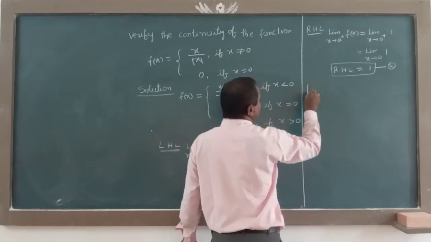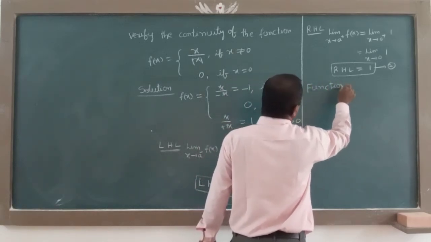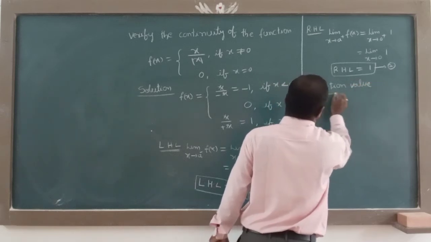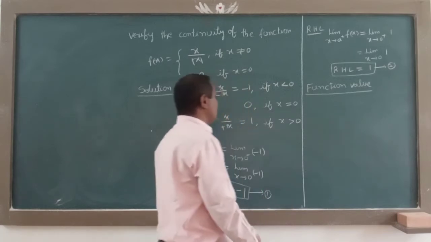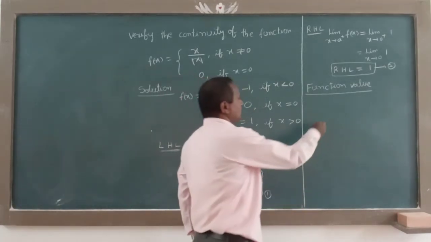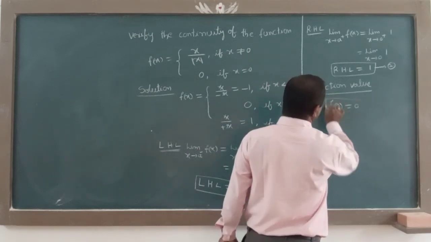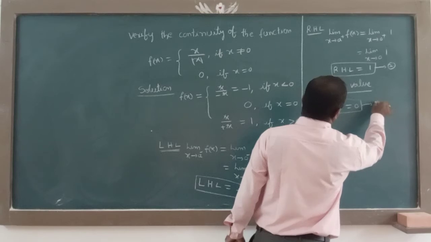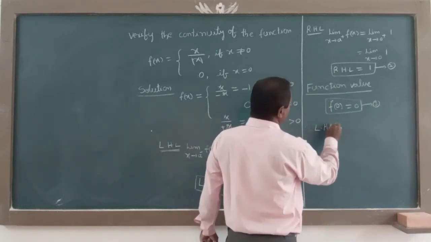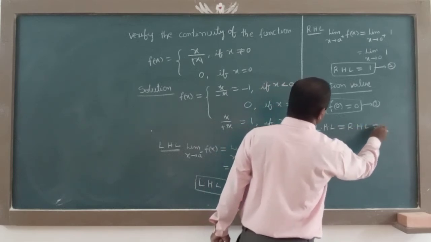Next, the function value. At exactly the equal symbol, they gave the value 0. That's what we write here: f of 0 is equal to 0. This is equation number 3. Therefore LHL is not equal to RHL, and not equal to f of 0.